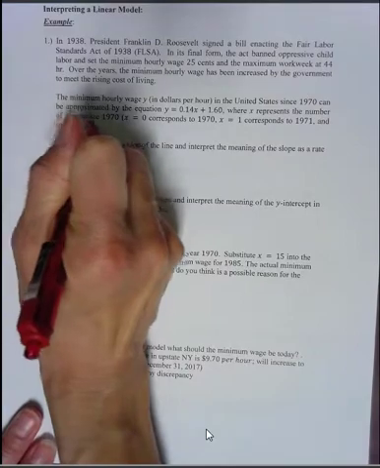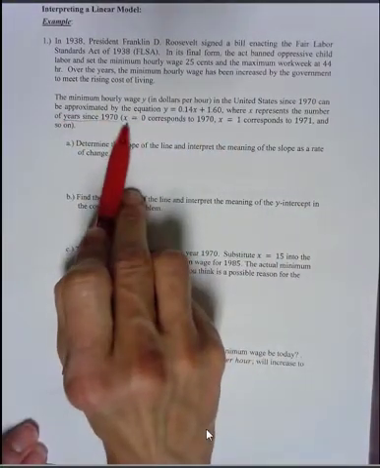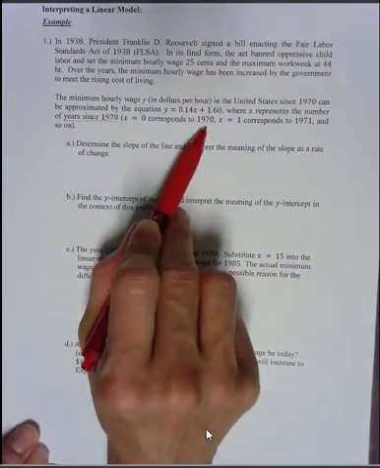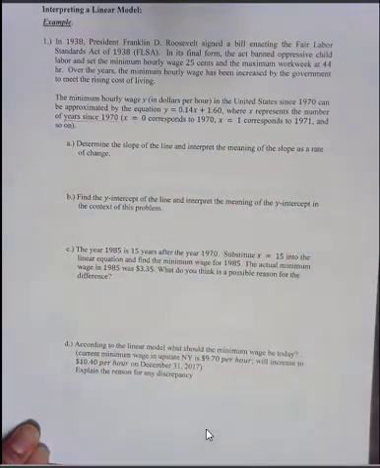That's important information. So x equals 0 corresponds to the year 1970, x equals 1 is 1971, and so forth.